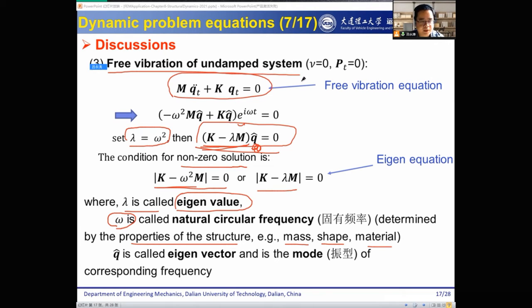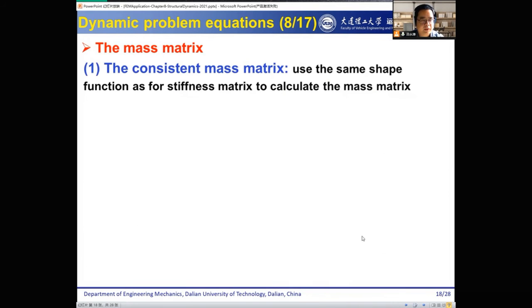We said the natural frequency is independent of the external force, therefore you don't have the external force here. And here the Q bar is called the eigenvector. We have the eigenvalue, and this is the corresponding eigenvector, or the mode of the corresponding frequency, like how the structure is deformed under that frequency.